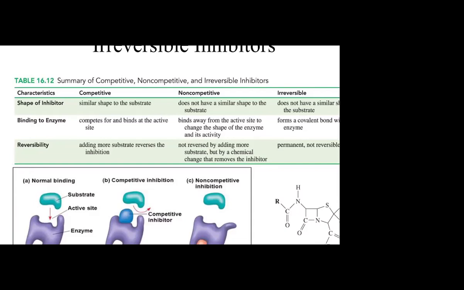Now, competitive inhibitors are actually reversible. The reason they are reversible is that you are not affecting that active site being attracted to its regular substrate. So if you add more substrate, you can basically reverse having that inhibitor present in your enzymatic reaction.